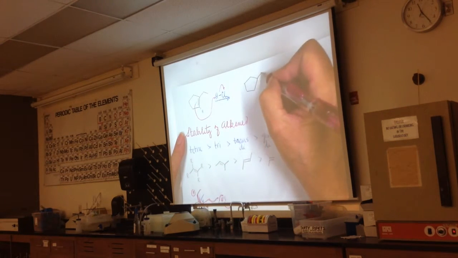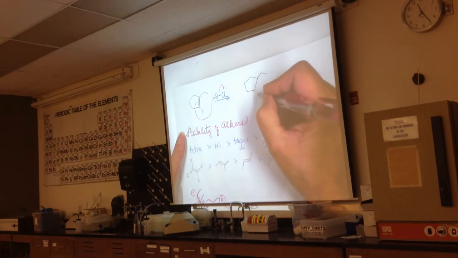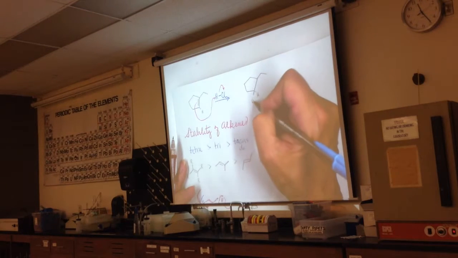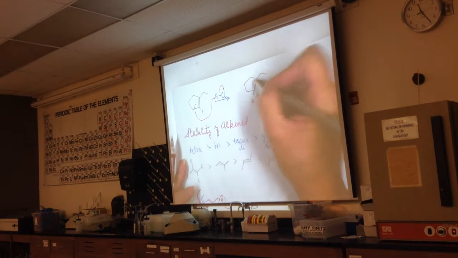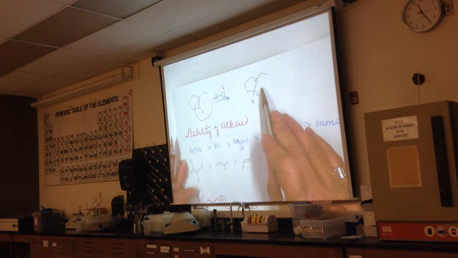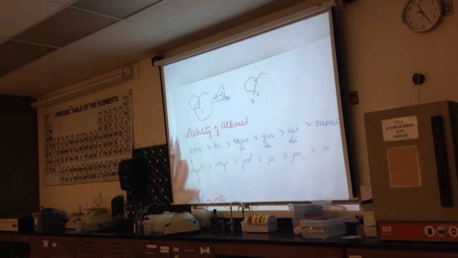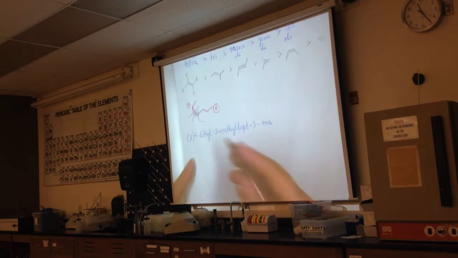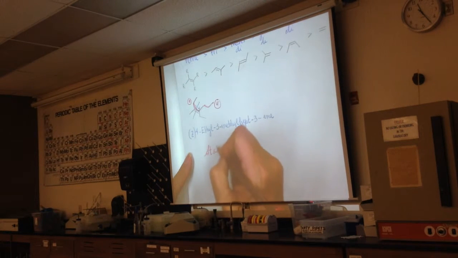I already had a carbon, I already had a hydrogen. If I take in your blue hydrogen here, this will generate the tertiary carbocation. Stability of carbocations goes like this.